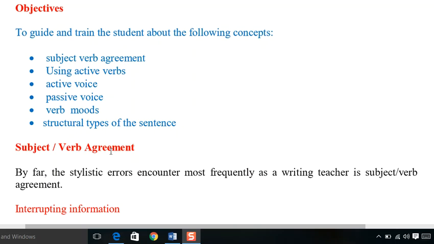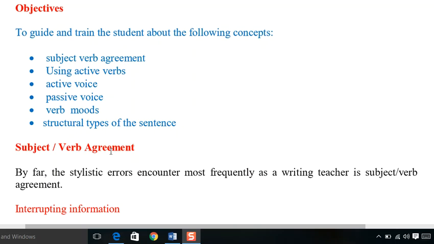Now, these video clips is the subject. The remaining part, is recording, is the verb. So agreement between the two should be perfect.